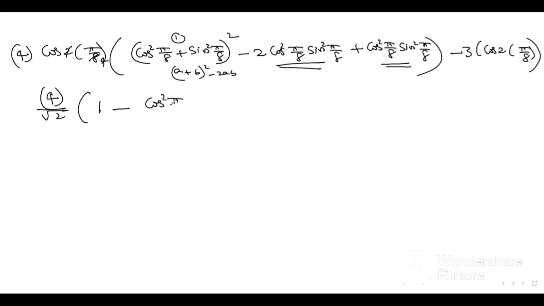Cos square pi by 8 into sin square pi by 8 minus 3 times of, here 2 1, 2 4 get cancelled. Cos pi by 4 value is 1 by root 2.